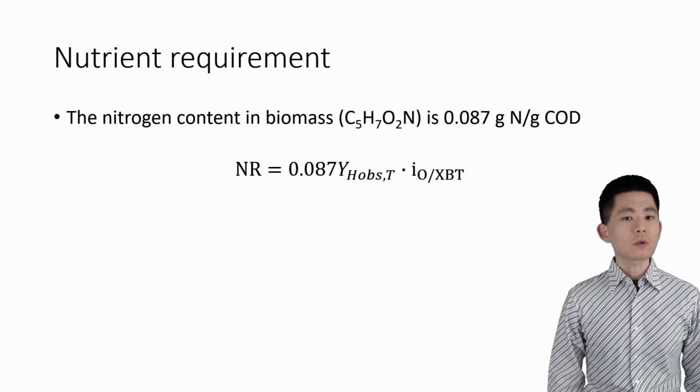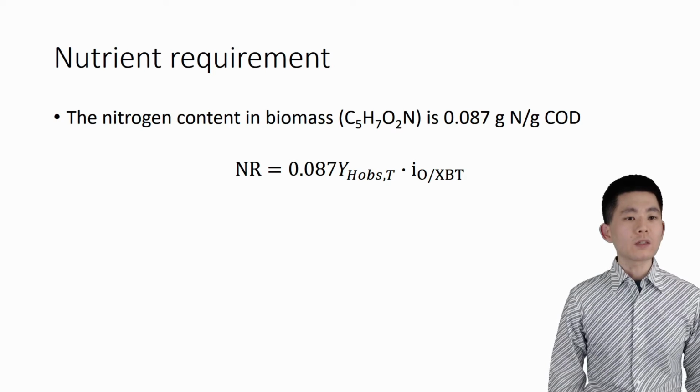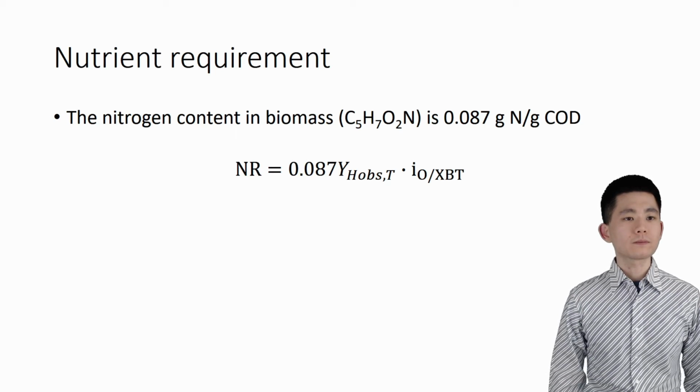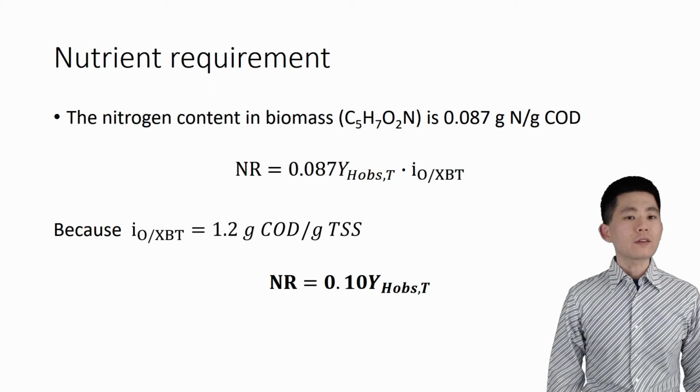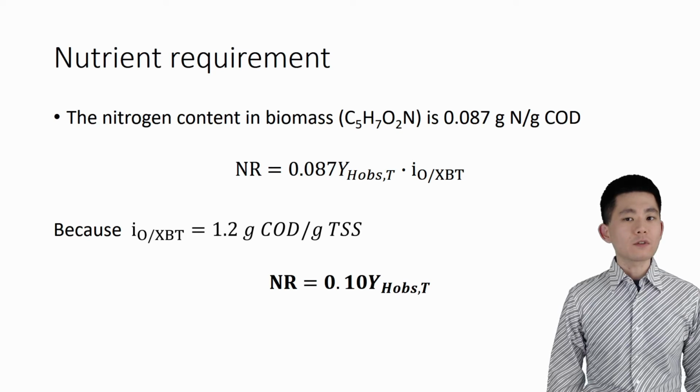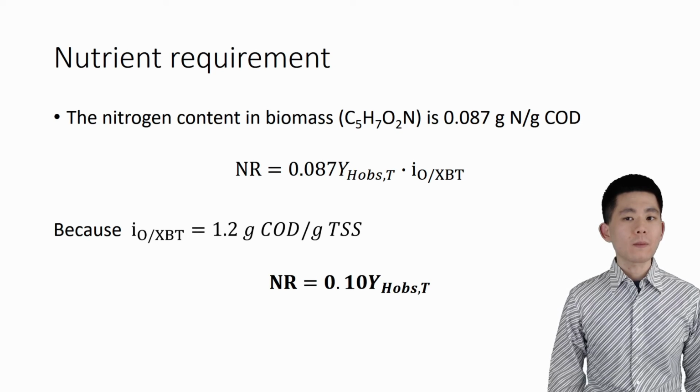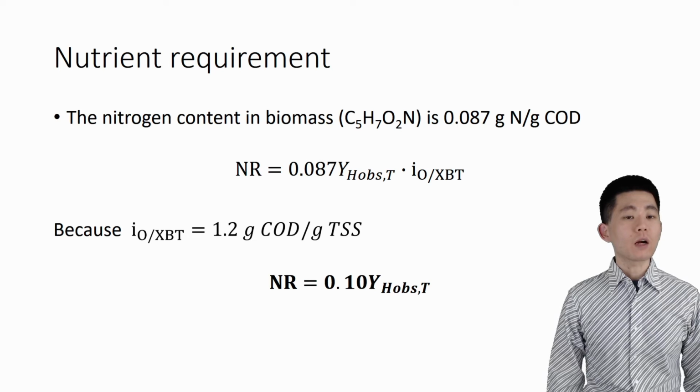So the nitrogen requirement, with a unit of gram of nitrogen required per gram of substrate COD removed, is 0.087 times the observed yield times the TSS to COD conversion factor, as the observed yield is in TSS terms. We know that the conversion factor typically has a value of 1.2 gram of COD per gram of TSS, so the value of nitrogen requirement is 0.1 times the observed yield.